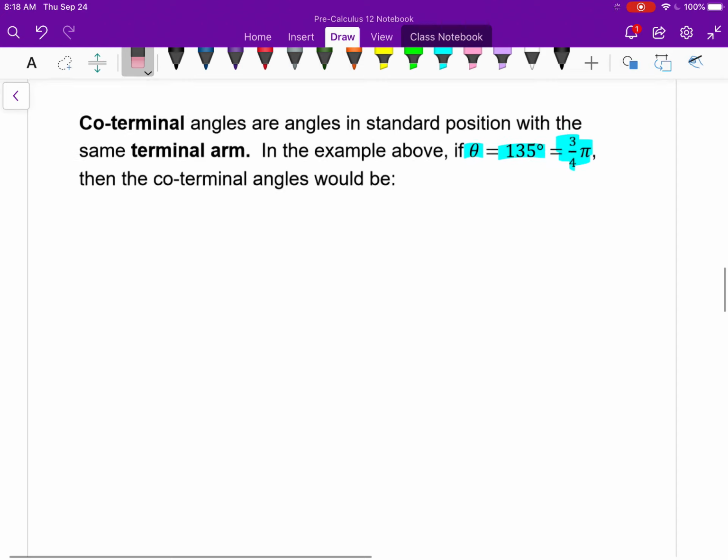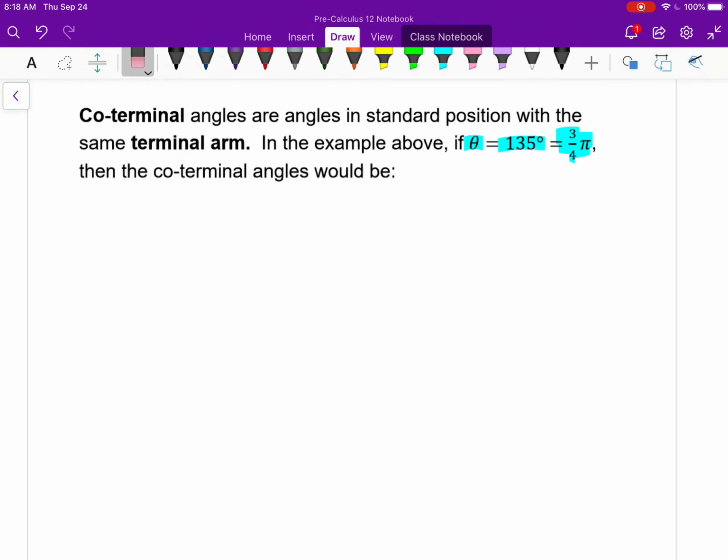So again, for our notes, first I'll start in degrees. So again, if we're dealing with 135 degrees, let me write that down. So I mentioned already, if I subtract 360 degrees, I know that angle must end up in the same spot, which I already said is negative 225 degrees.